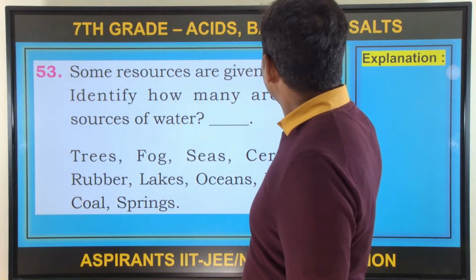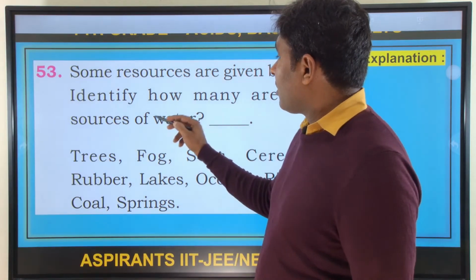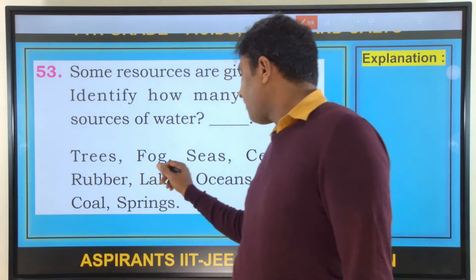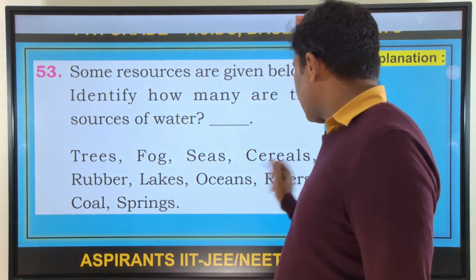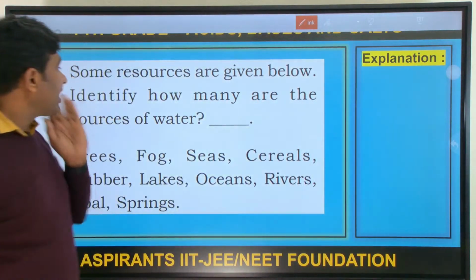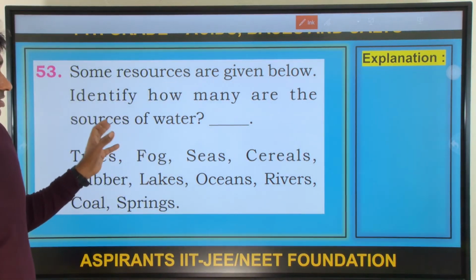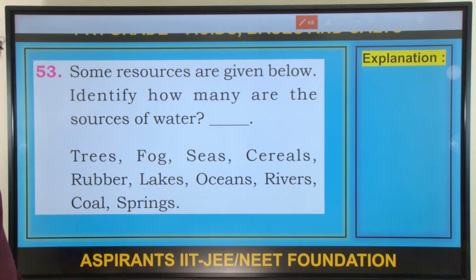Now next, some resources are given below. Identify how many are the sources of water. Trees, fog, seas, cells, rubber, lakes, oceans, rivers, coal, springs are given. From this, we need to find the common water sources.